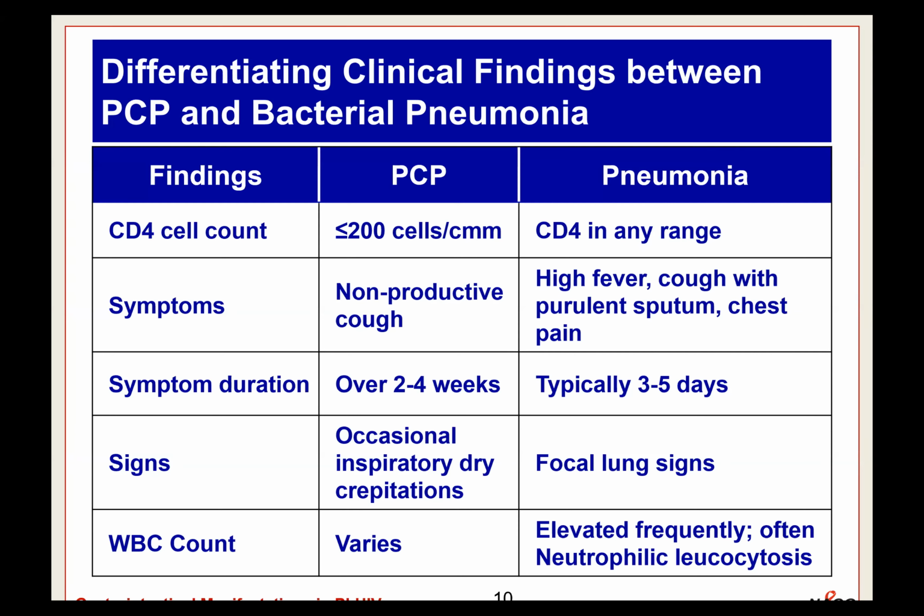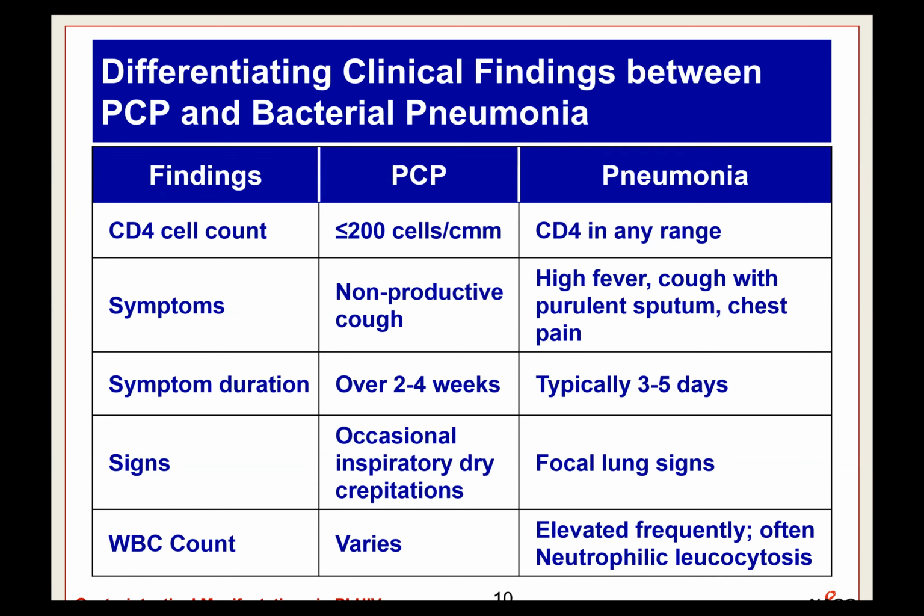While in pneumonias, it will be a short duration of high-grade fever, sometimes associated with chest pain, and most of the times with a productive sputum after coughing out. So cough with a productive sputum, and dyspnea may also happen.